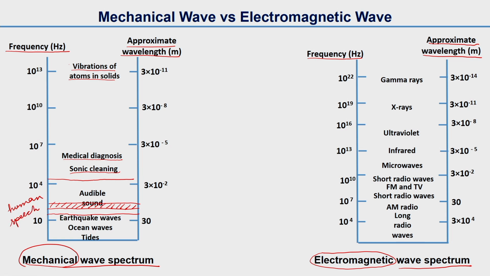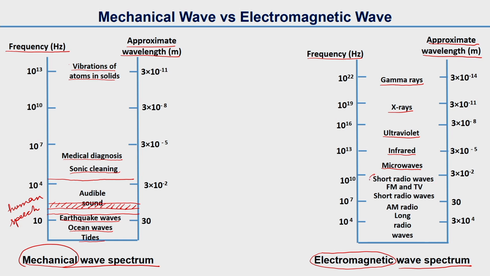And then the low frequency mechanical waves are earthquake waves, and then ocean waves, and also tides, which are bigger ocean waves. Similarly, for the electromagnetic wave spectrum, we have very high frequency waves like gamma rays, then X-rays, then ultraviolet rays, infrared, then come the microwaves.